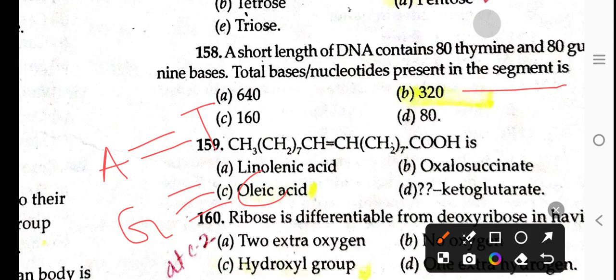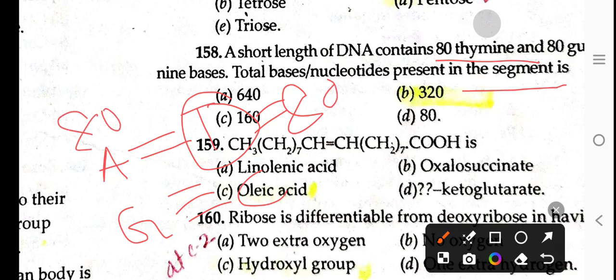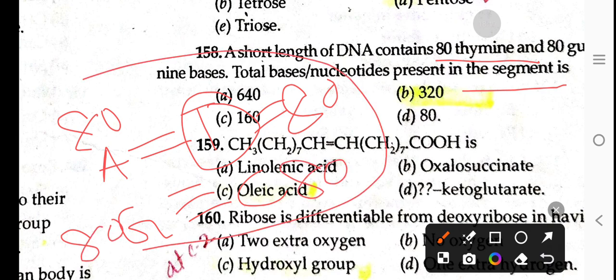So if there are 80 thymines, then there will be 80 adenine, and if there are 80 guanine, there will be 80 cytosine. So we can sum up all of these and we get 320. Option number B is the right answer.